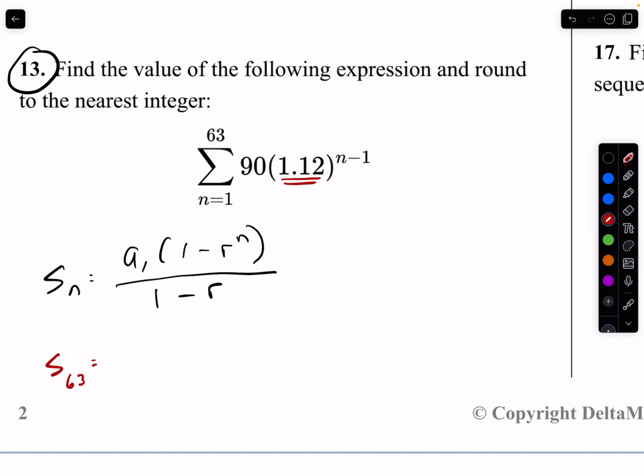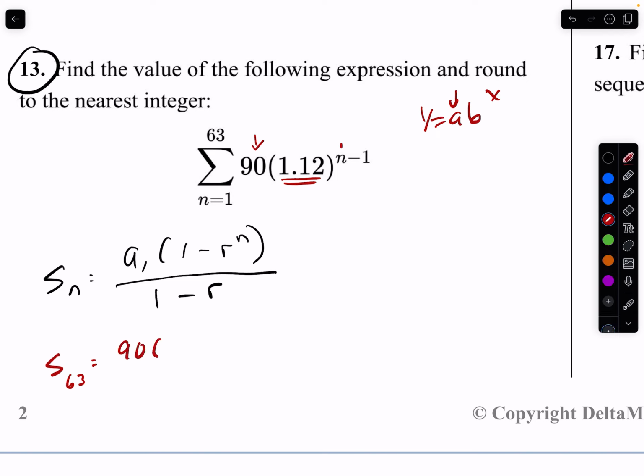All right, now let's see what's the first term. Okay, so if I substitute in 1 right here, 1 minus 1 is 0. 1.12 to the 0th power is 1. And you know from our exponential functions, right, y equals ab raised to the x, a is going to be our first term. So I can substitute in here 90.